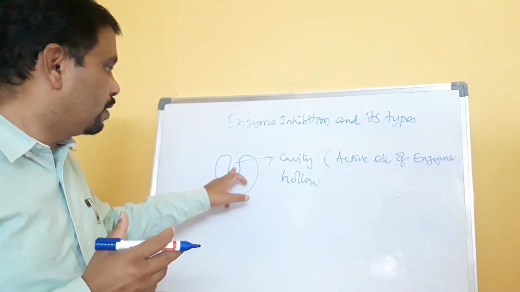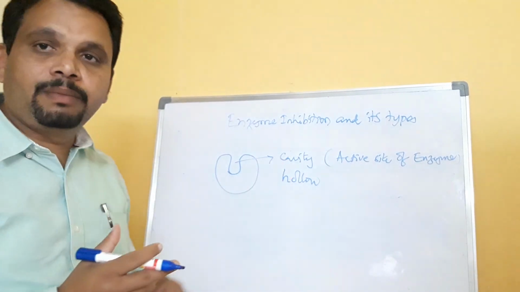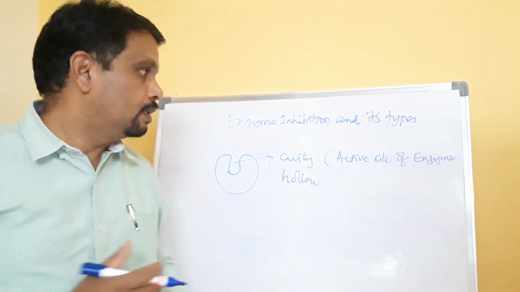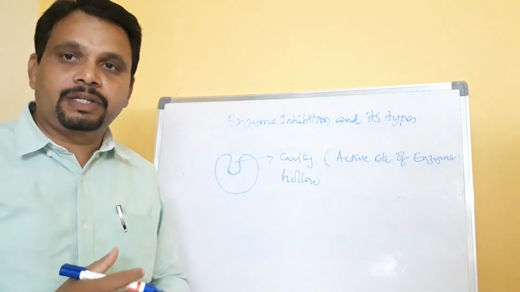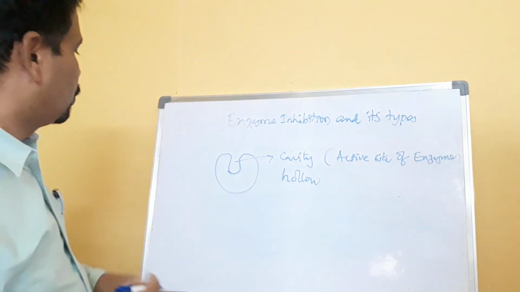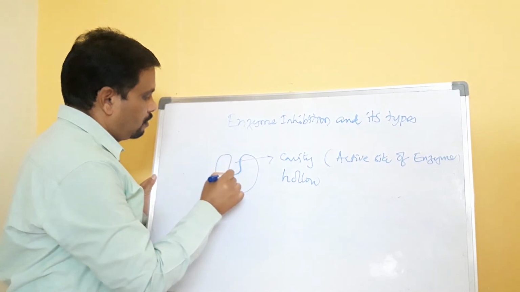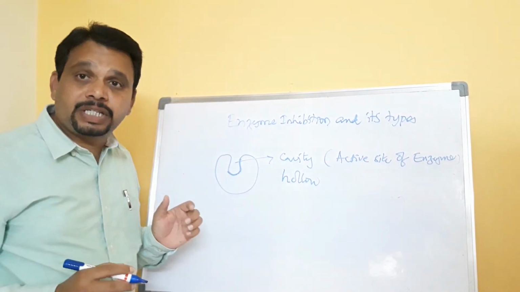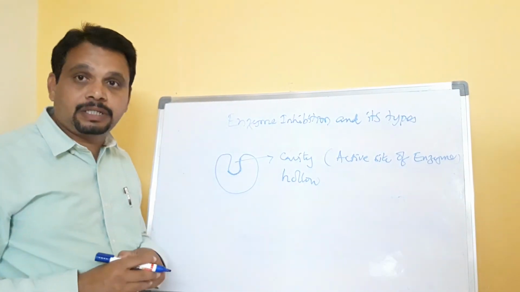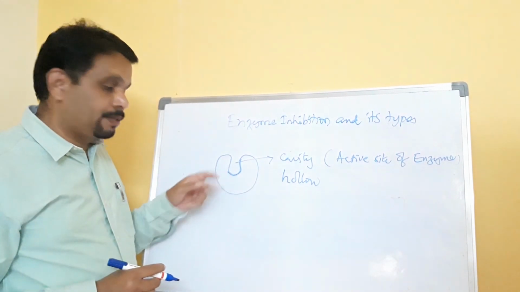So a hole or a hollow, a cavity will be formed, that is called the active site of an enzyme. How reactions take place in this active site, I want to explain to you.